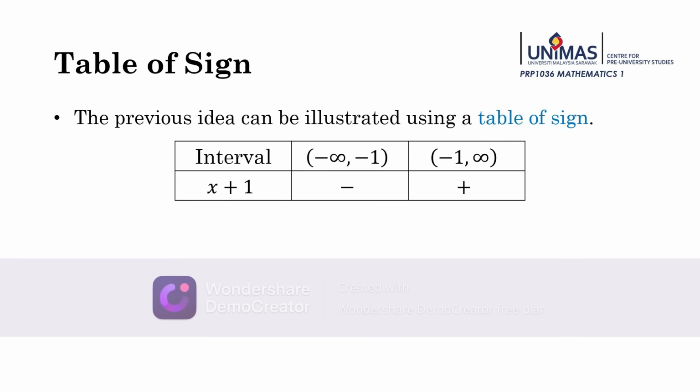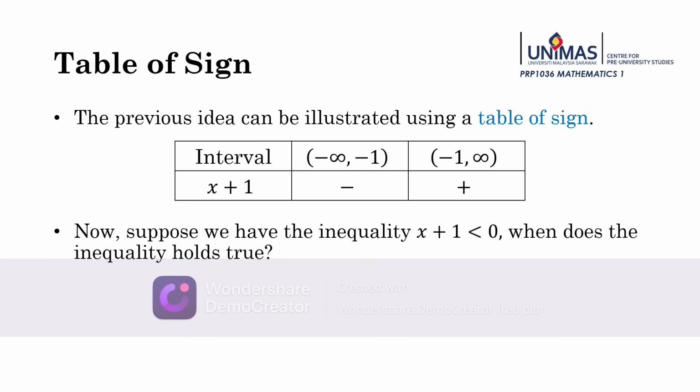So the 0 is negative 1. Any value that is greater than negative 1 will give you positive. Any value that is less than negative 1, you get negative. So you just remember the left hand side is negative, the right hand side is positive.